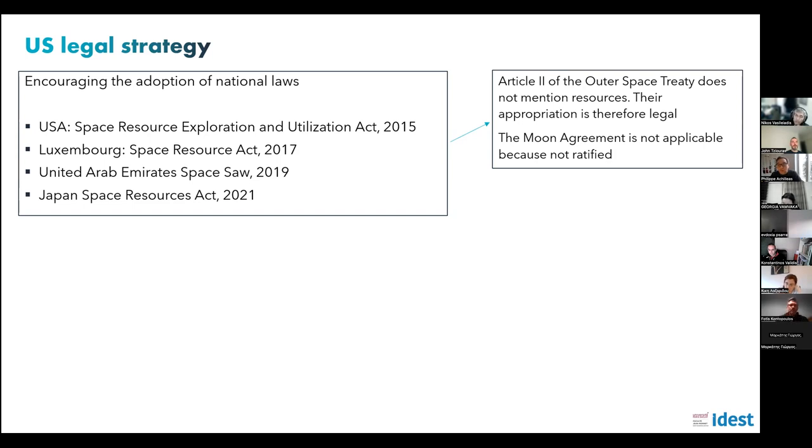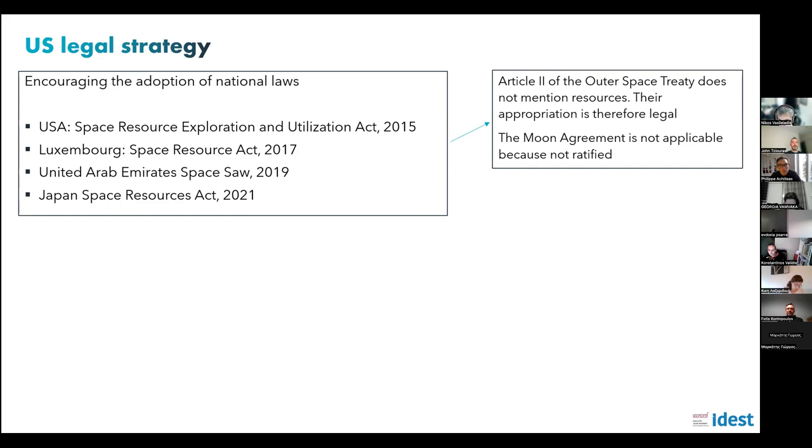And Article 1 of the Outer Space Treaty, proclaiming freedom of outer space, protects such activities. In addition to that, the US recalls that the Moon Agreement is not applicable because it's not ratified by the USA.